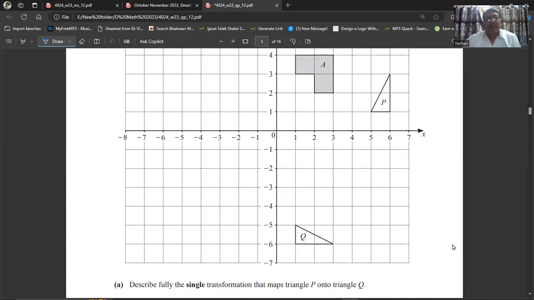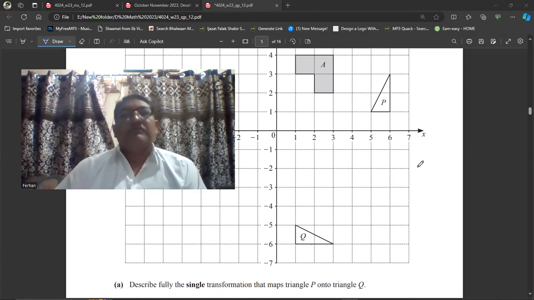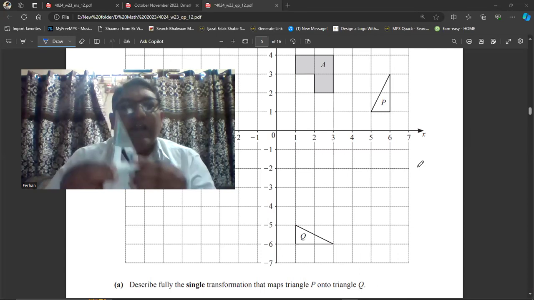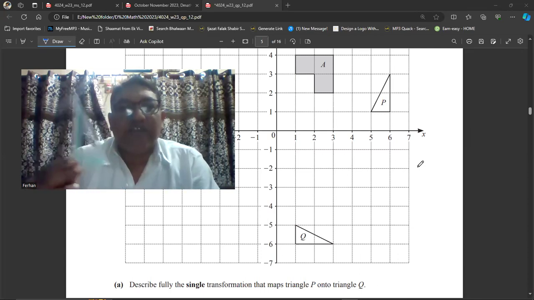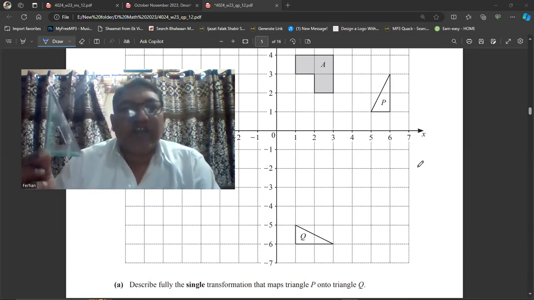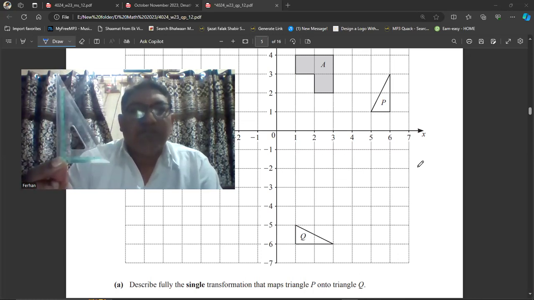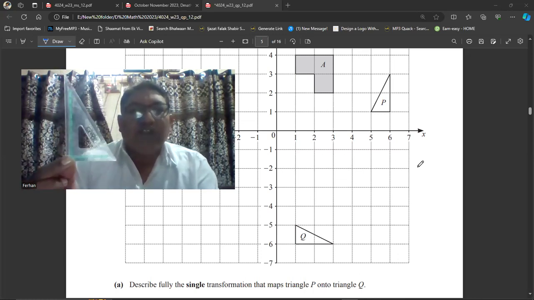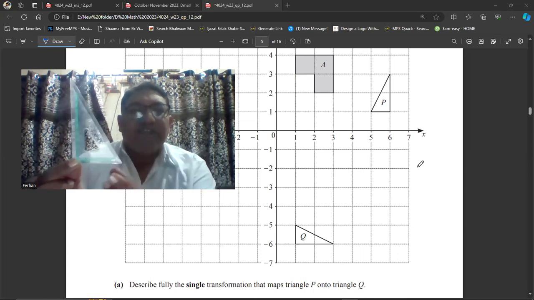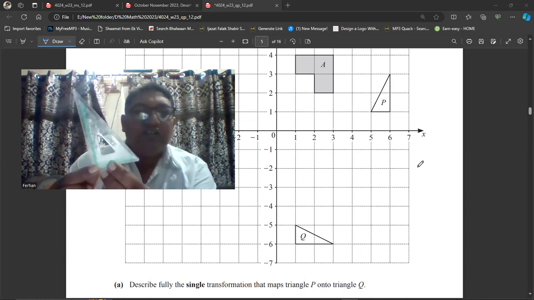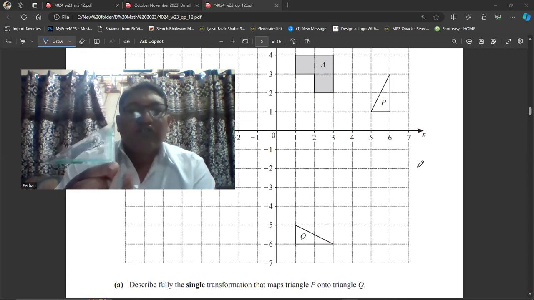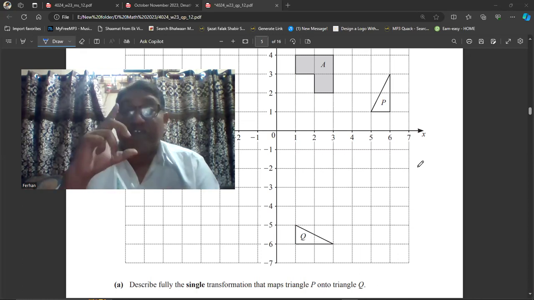So you see, if you take a set square, let me get a set square. As you can see, this is the triangle P. If you look at this carefully, this is triangle P, and this is triangle Q. Try to understand again.